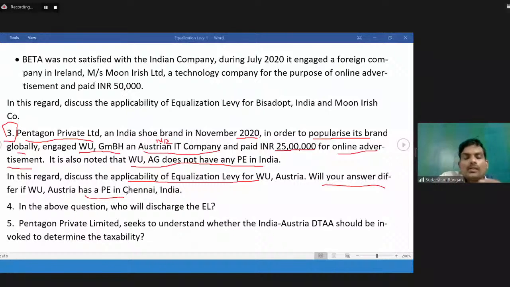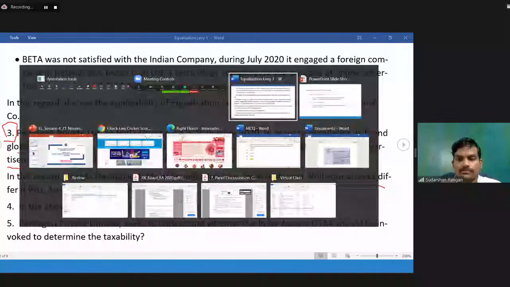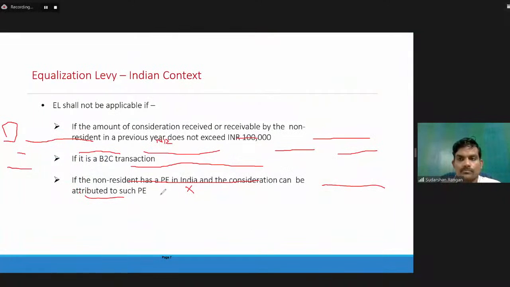Now, if VU has a PE in India, then equalization levy won't be applicable. This is under exclusions. The last exclusion is that the non-resident should have a PE in India.